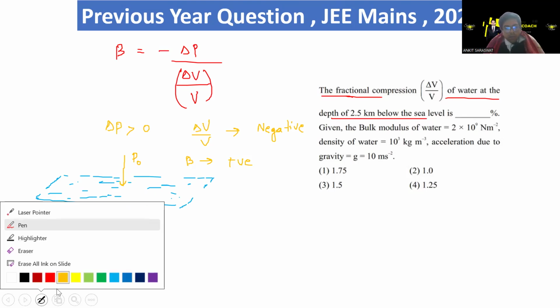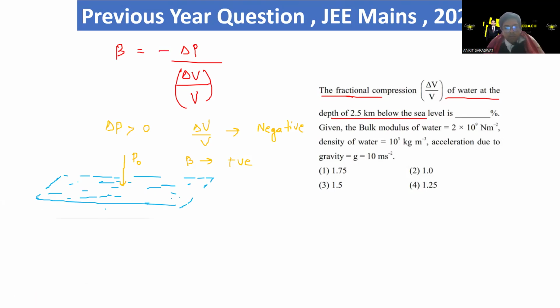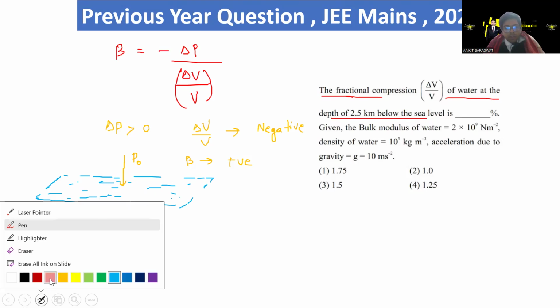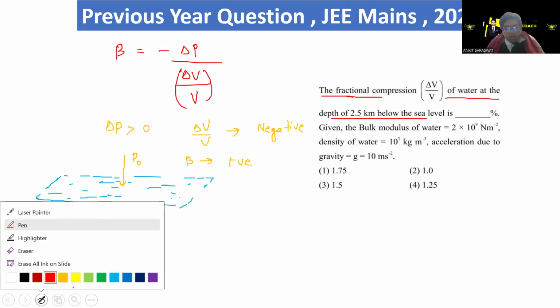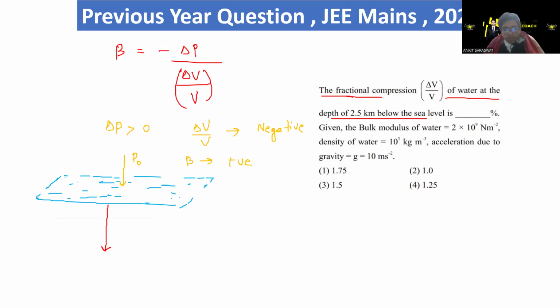But if you go deep down at a depth of 2.5 kilometer like this, then what is going to happen? The same layer, if you see that, what is going to happen.